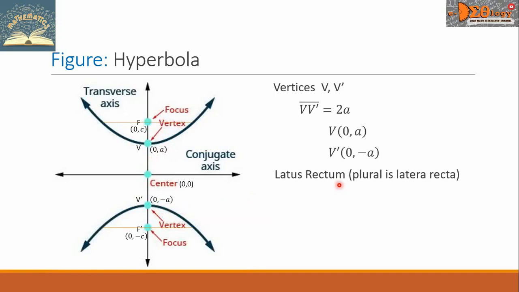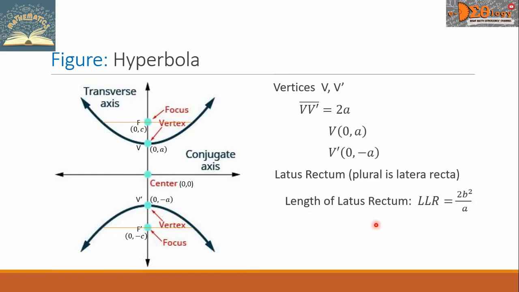Now, the latus rectum. We have two latera recta. This is the first, and this is the second. The length of each latus rectum, denoted by LLR, equals 2b squared over a.